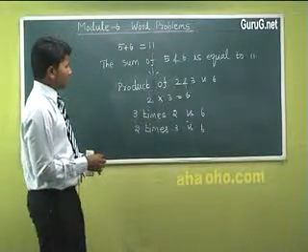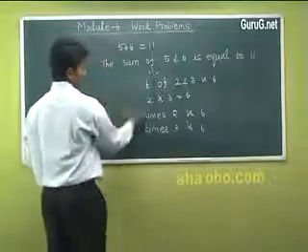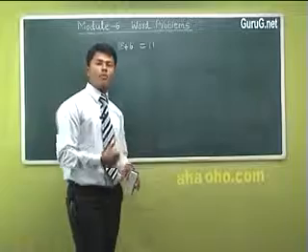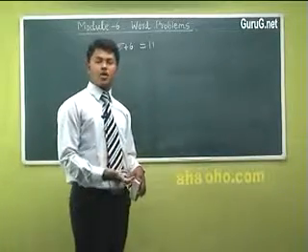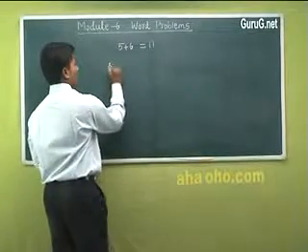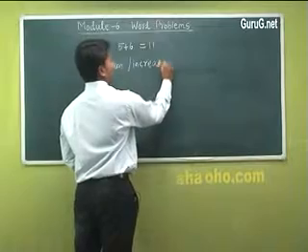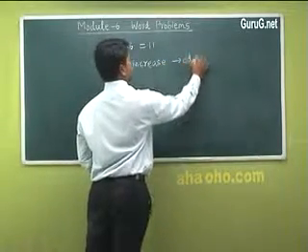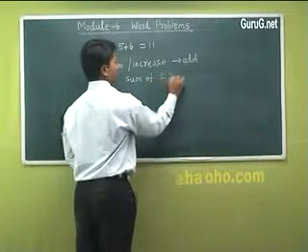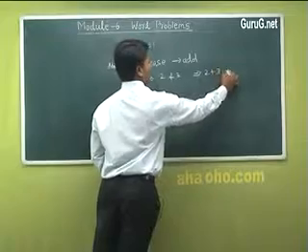Now, as we saw, the sum of 2 and 3 represents the addition operation. Similarly, words like increase or sum all represent the operation add. The sum of 2 and 3 is what? 2 plus 3 is equal to 5.